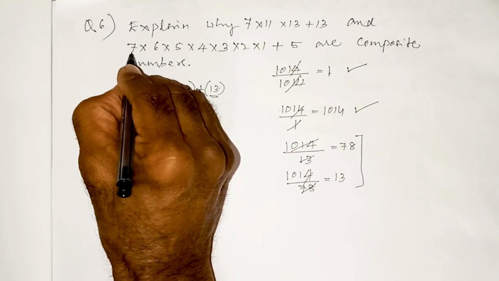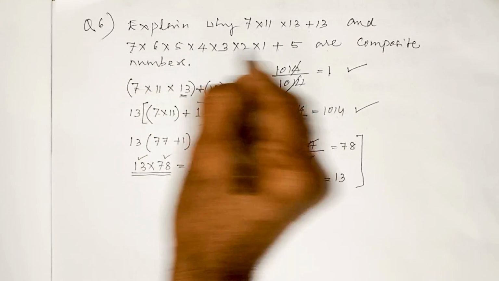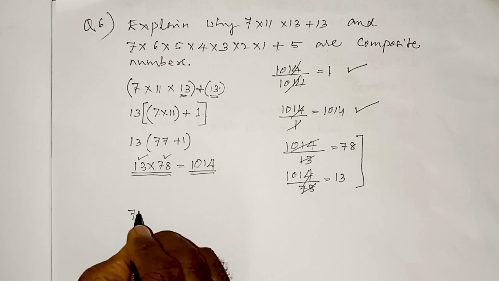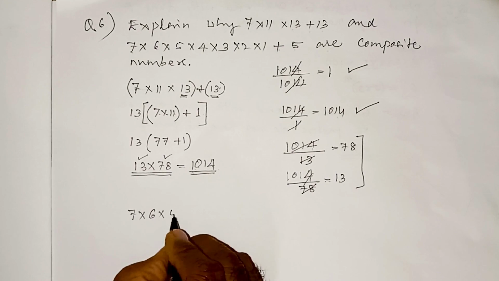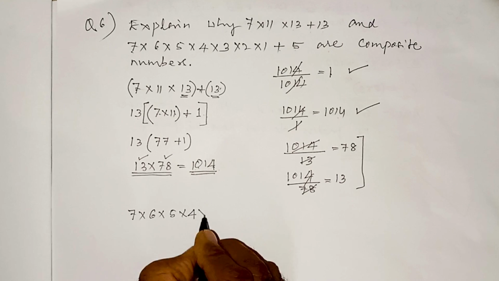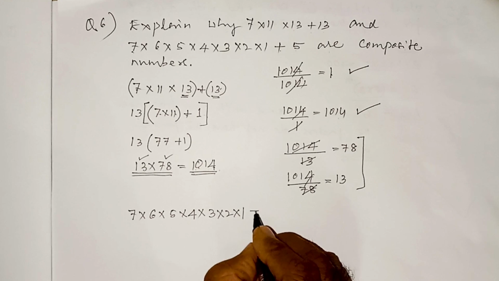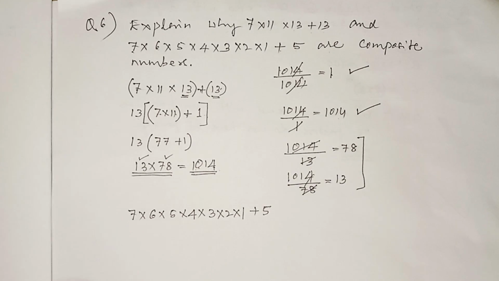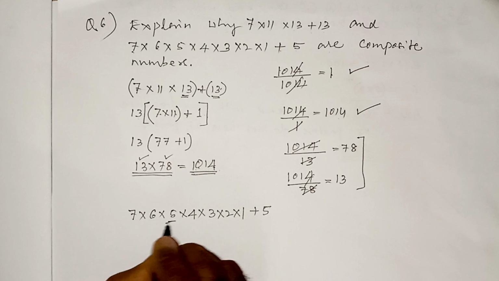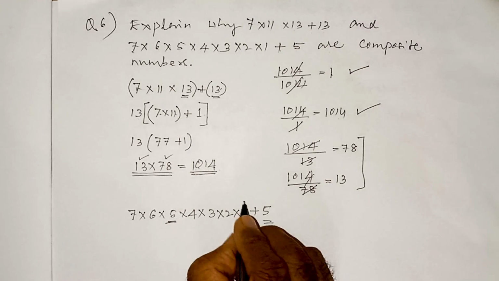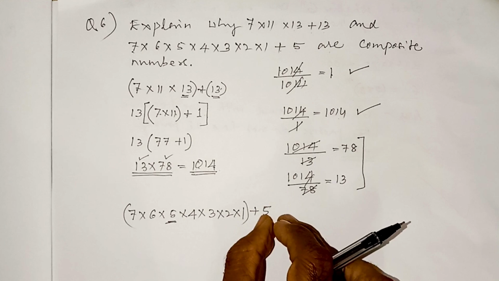Let us go for the second. 7 into 6. Further, we write down 7 into 6 into 5 into 4 into 3 into 2 into 1 plus 5. You can write down here also, we have one 5 common, one more 5 common. This is one term, this is another term.